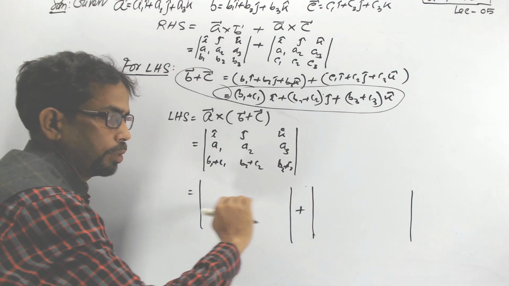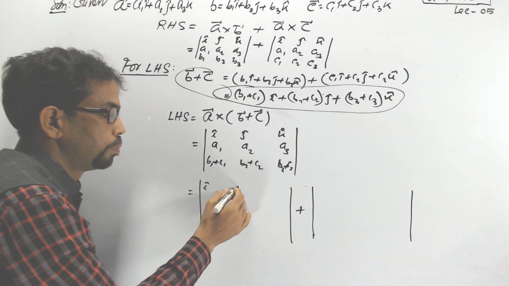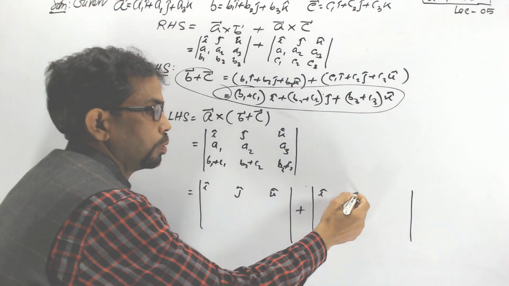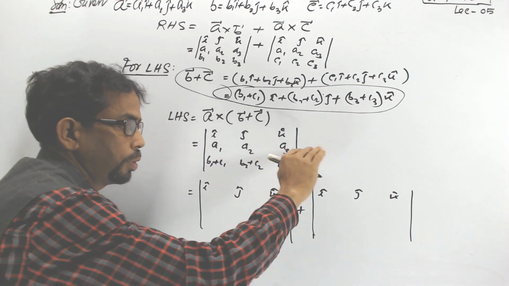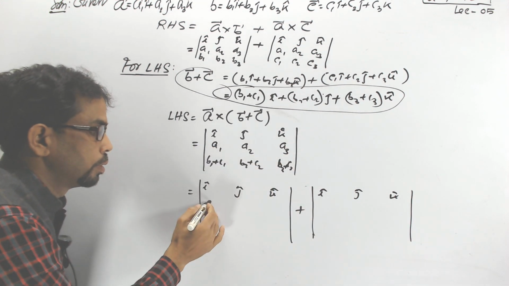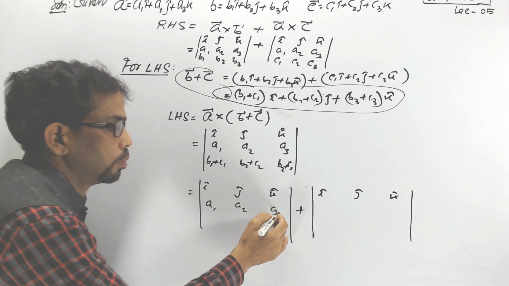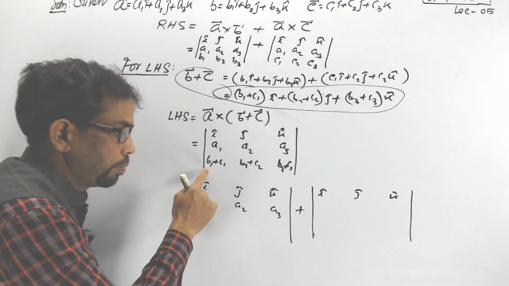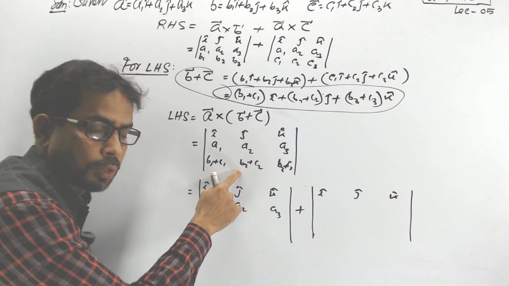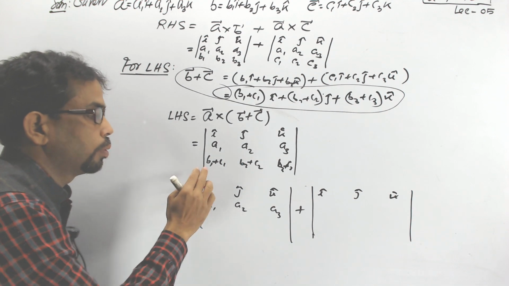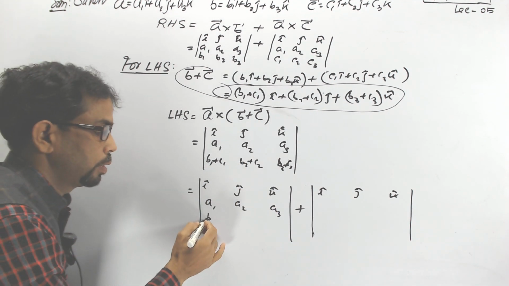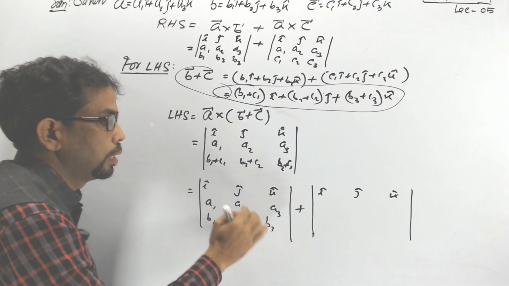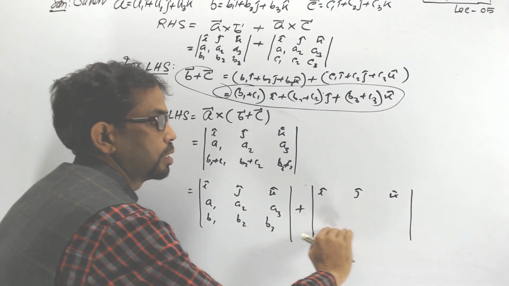The first row is the same for both determinants, and even the second row is the same for both. For the third row, the first entries B1, B2, B3 will come in the first determinant, and each second entry will make the second determinant.